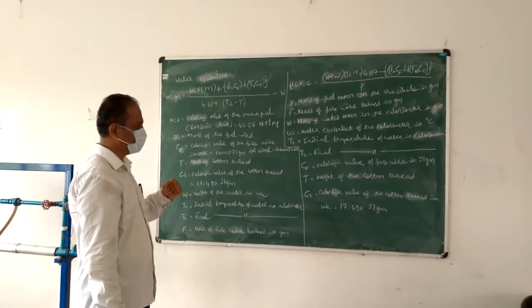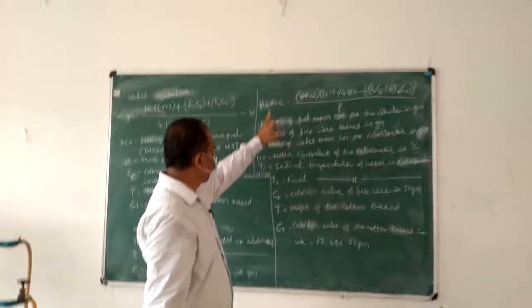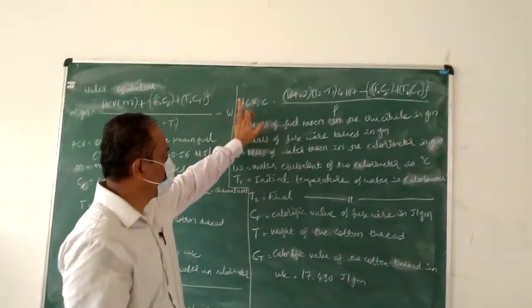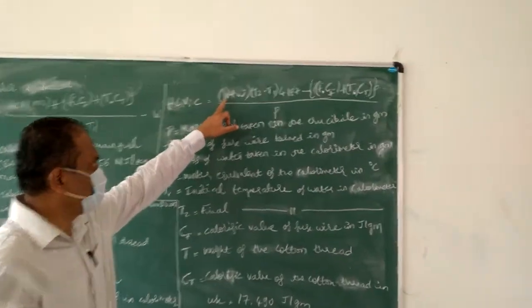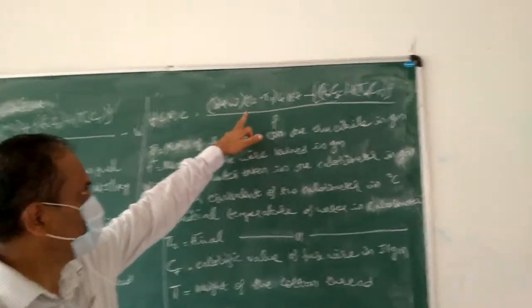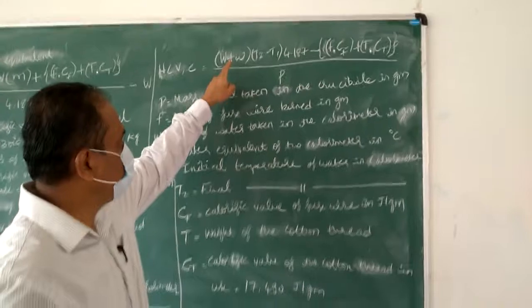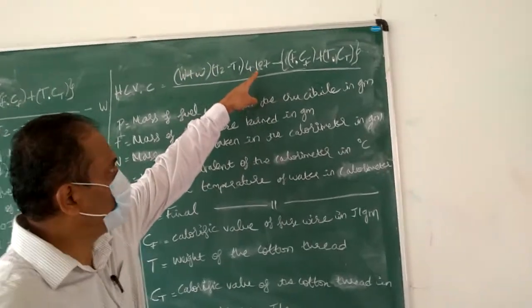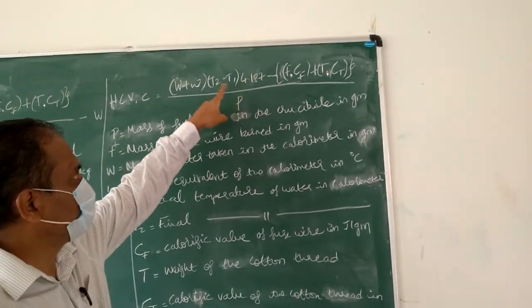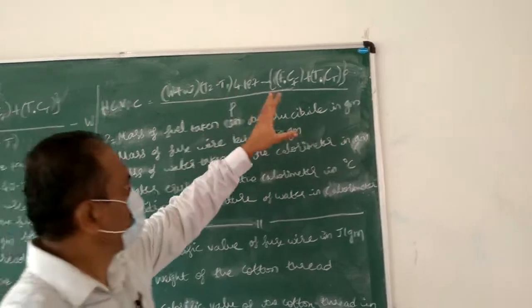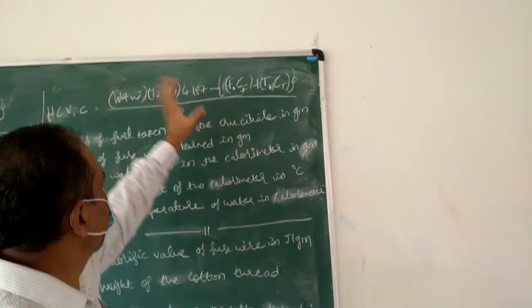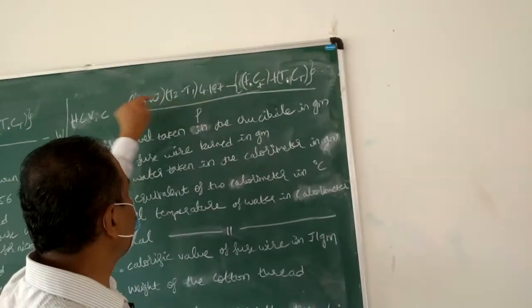Calculation part: basically the fundamental is very simple. The higher calorific value of the fuel is (W + w)(T2 − T1) × 4.187. This is M into Cp of water, 4.187, into delta T, the difference in temperature. Minus this, which is for the water in the calorimeter, as we have told.